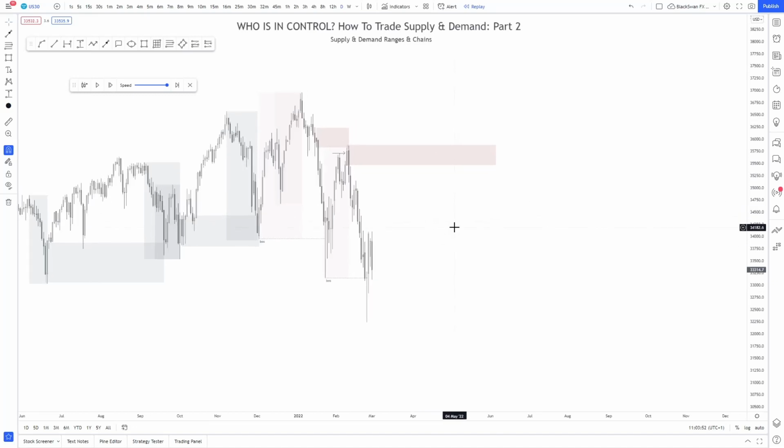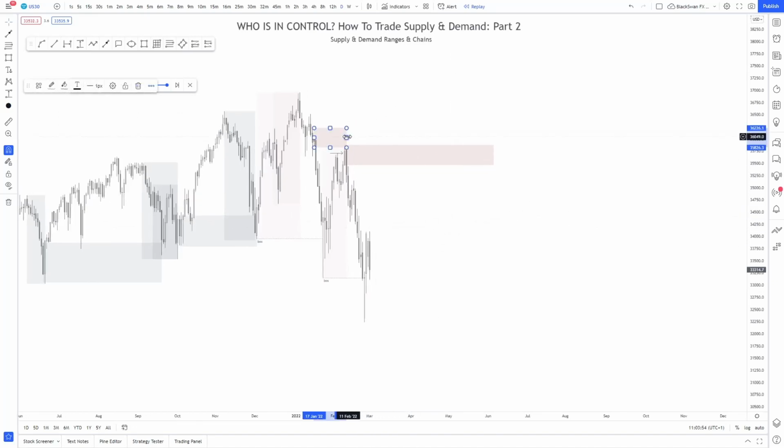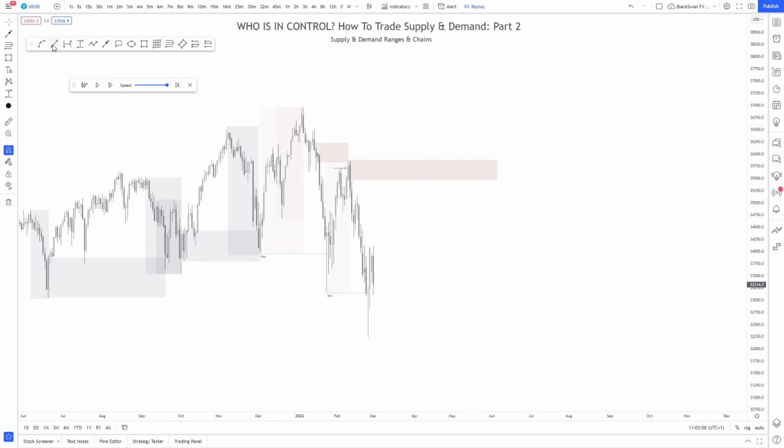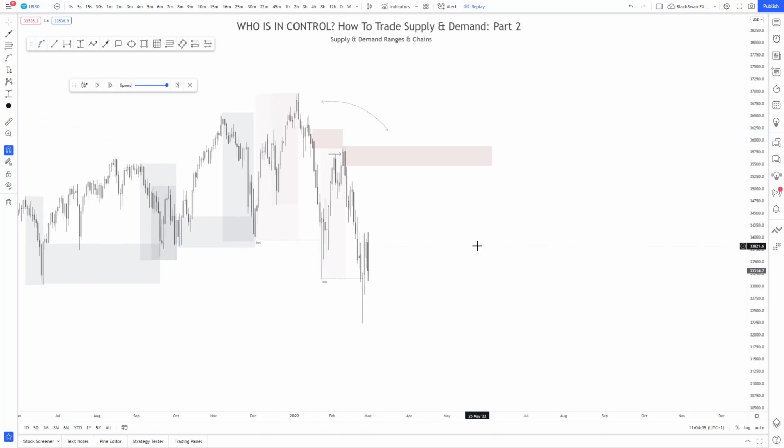Does it have interaction? Yeah, well, it's interacting with our new supply chain, right? Great, there's interaction here. Do we flip demand? Well, it's part of a move what takes over demand, right? So we have a demand zone here, right?